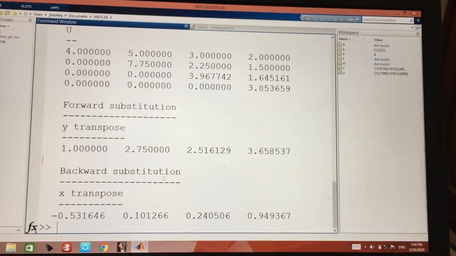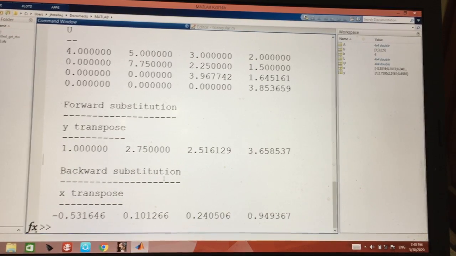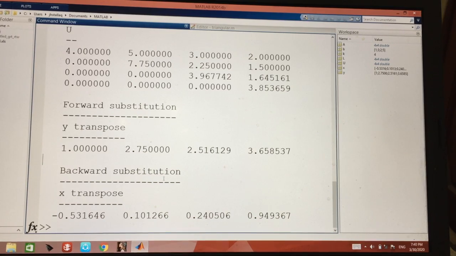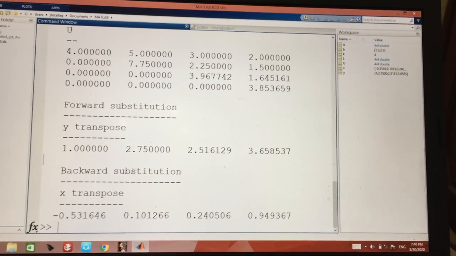So first we determine x4. Then we come to x3. We need x4 here. When we come to calculate x2, we need x3 and x4. And when we want to calculate finally x1, we need all of them, x2, x3, and x4, okay? So that's the last step, the back substitution.